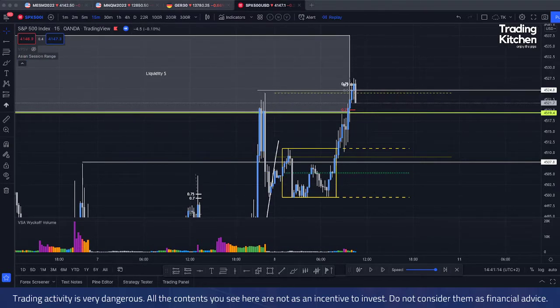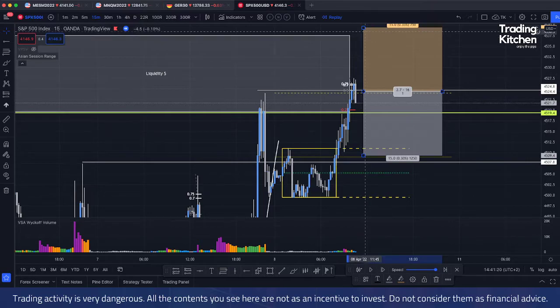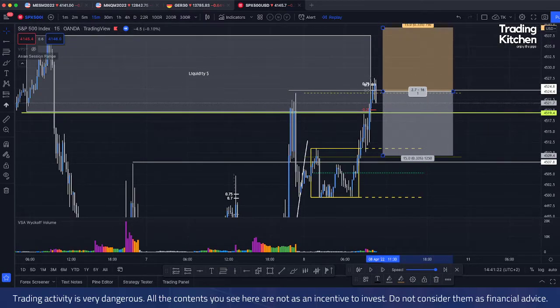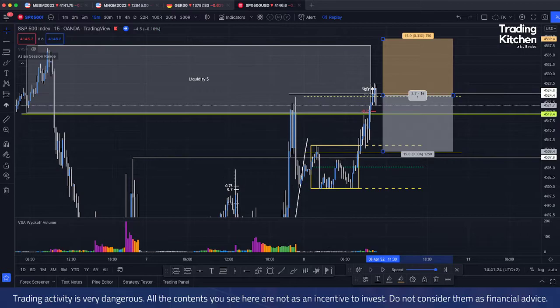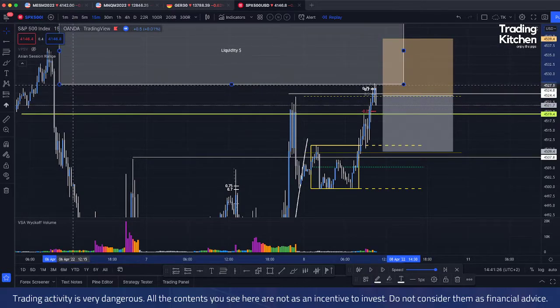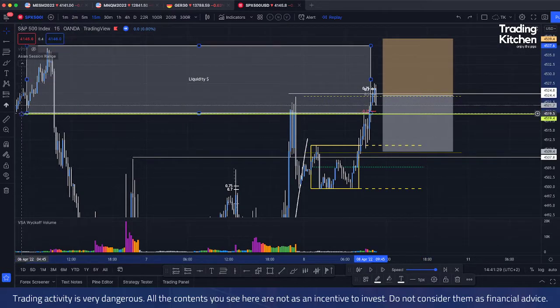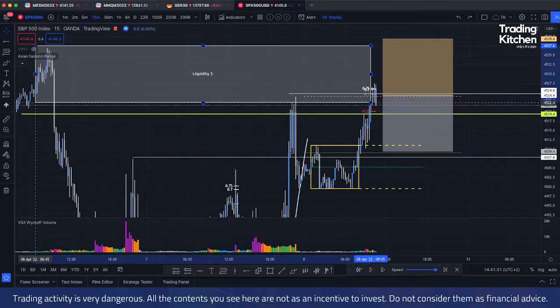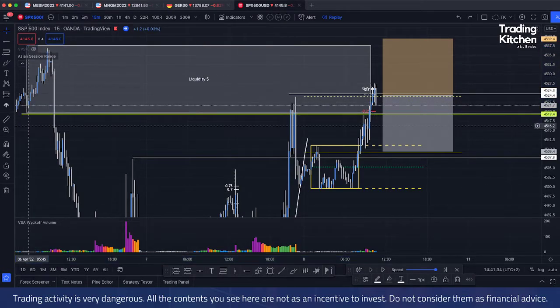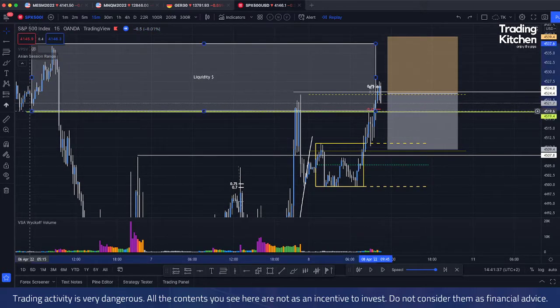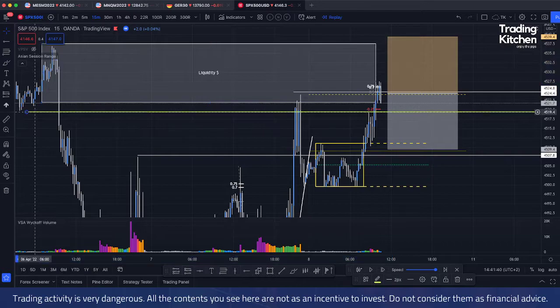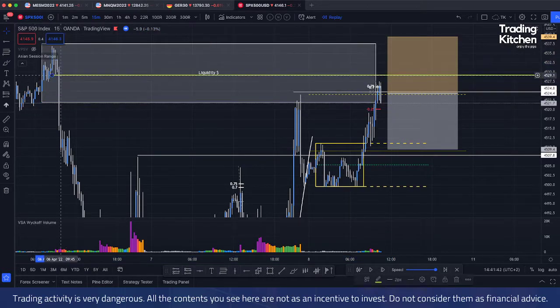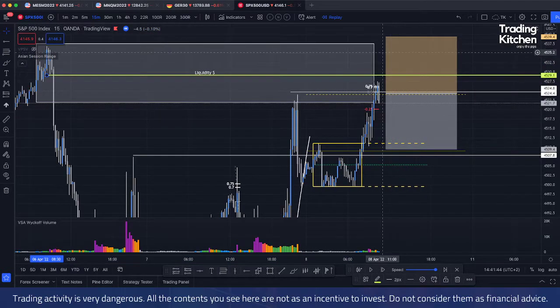We can take a short about 50%, and if you want to be more conservative, you can set your stop loss not below the high, but below this level, which is the inefficiency.